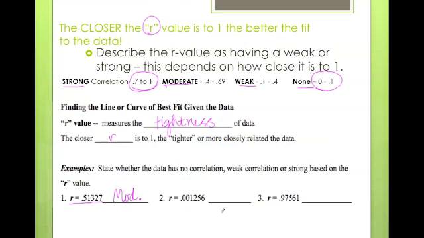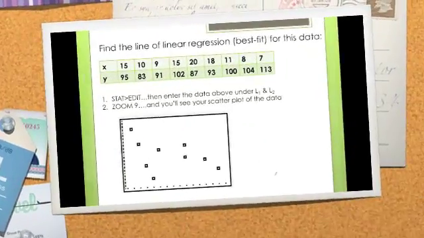For number 2, that one would be none, because it's so low, and 3 would be strong because it falls into that 0.7 to 1 category.